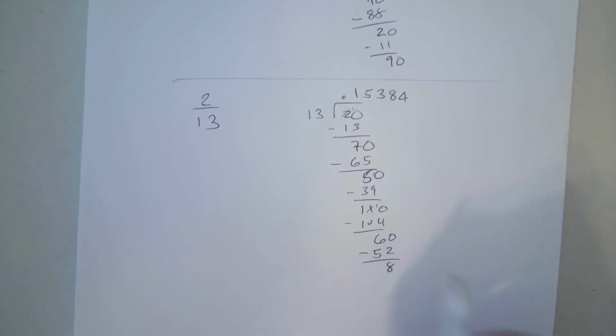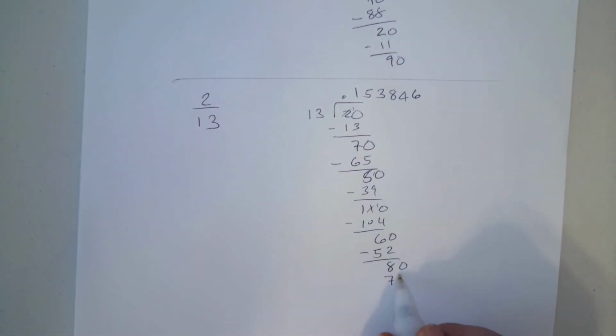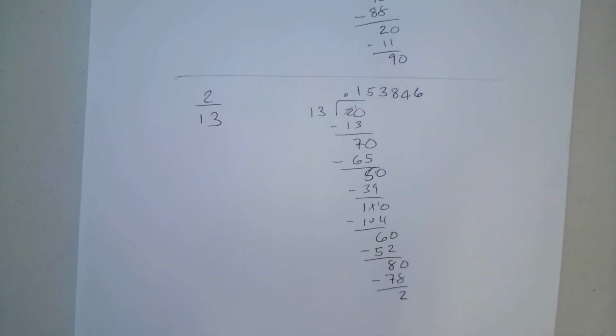Subtract it, I get an 8. 13 goes into 80. 7 times is too big, so it's 6 times. 6 times 13 is 78. Gives me a 2.